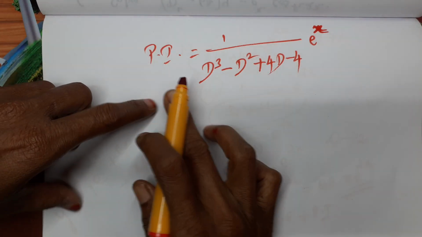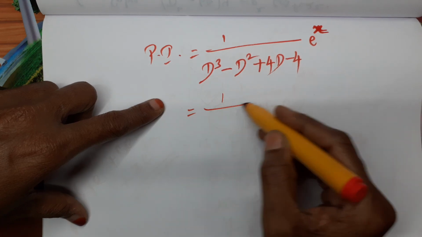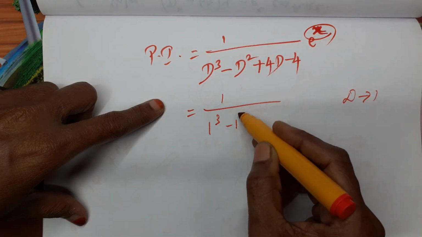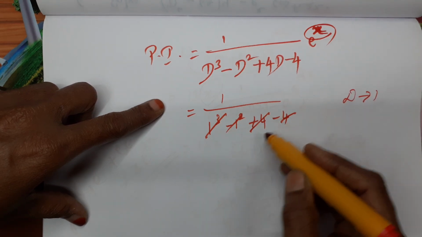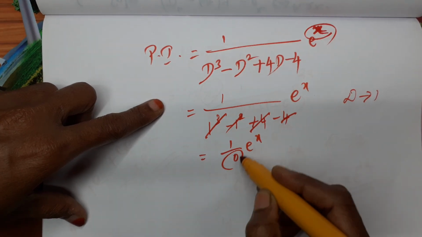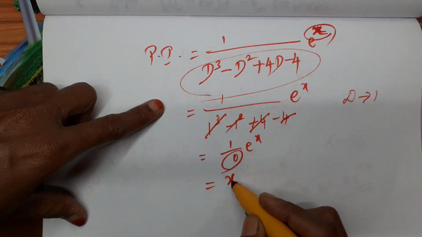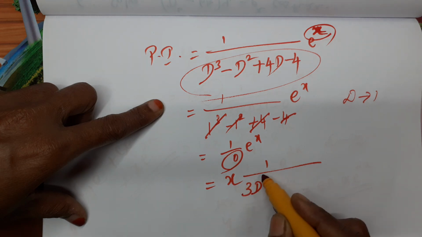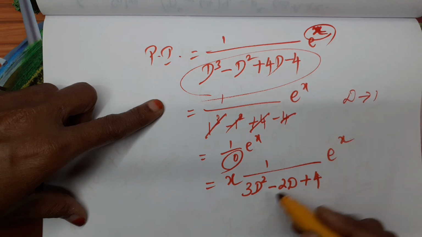Now PI is 1 by D cubed minus D squared plus 4D minus 4. Replacing D by 1, since the coefficient of x is 1, we get 1 cubed minus 1 squared plus 4 minus 4. These two cancel and these two cancel. So 1 by 0 into e power x. When we get 0 in the denominator, what do we have to do? We differentiate the denominator and multiply by x. So x by 3D squared minus 2D plus 4, into e power x.